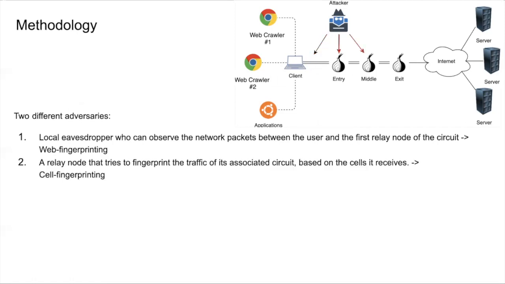We call this attack website fingerprinting, but we proposed a new type of fingerprinting attack, which is self-fingerprinting. In this new scenario, the attacker could be any of the nodes inside the circuit, not a local eavesdropper. And as a result, you can see that the entry and middle nodes are exposed to fewer encryption layers in this attack.